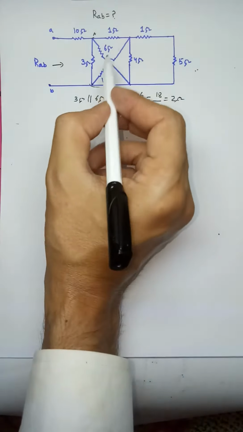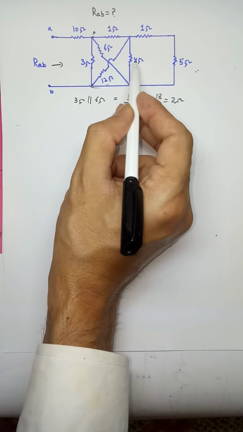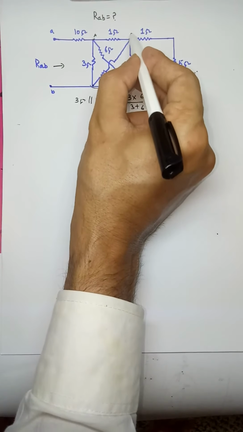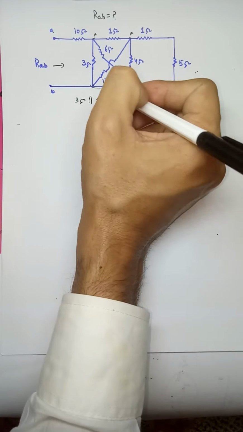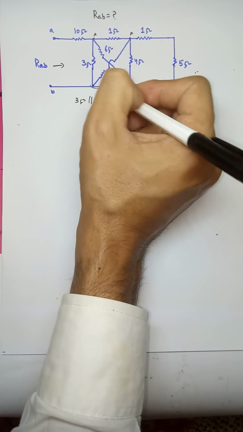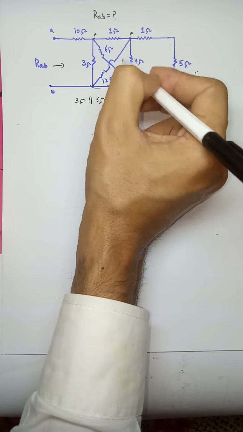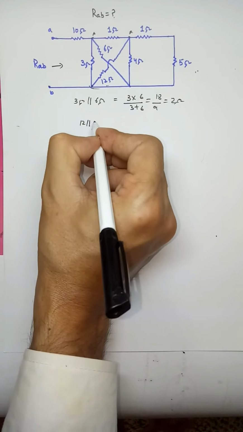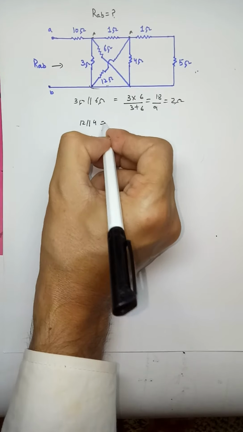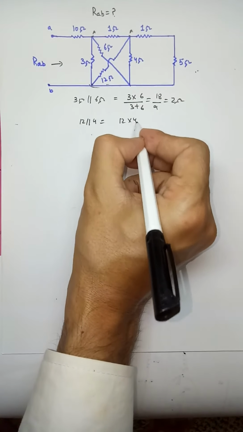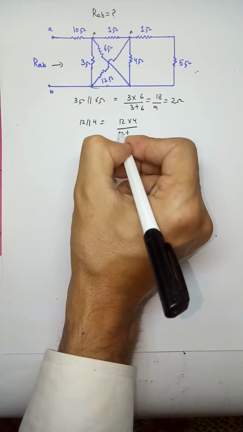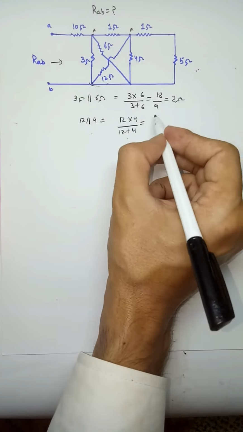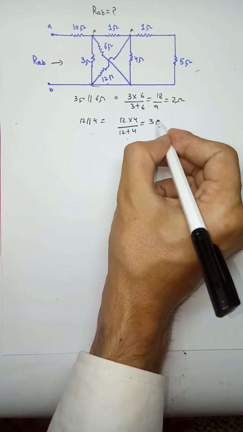Similarly, 12 ohm is parallel with 4 ohm, because one end is connected here, A, and we don't have any element in the middle, so both ends are connected with each other. So 12 ohm is parallel to 4 ohm, so you can simply multiply and then you can simply divide by summing up the individual elements, and this way you can get 3 ohm.